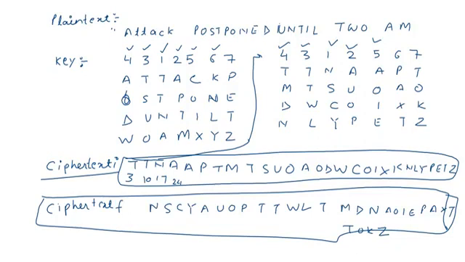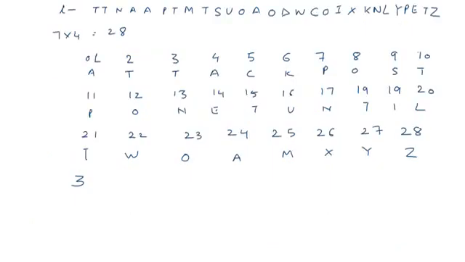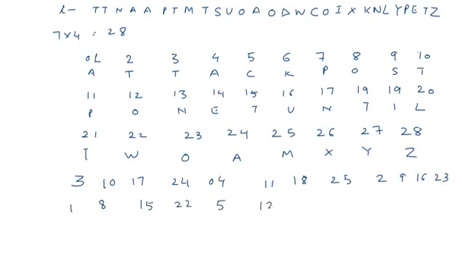So let me show you how we write. It will be like 3, 10, 17, 24, 4, 11, 18, 25, 2, 9, 16, 23, then 1, 8, 15, 22, 5, 12, 19, 26, 6, 13, 20, 7, 14, 21, 28.